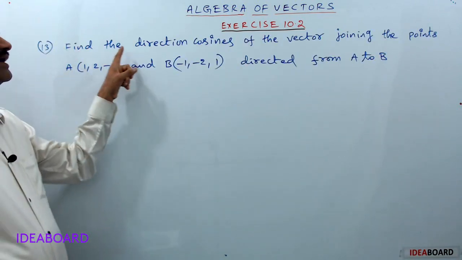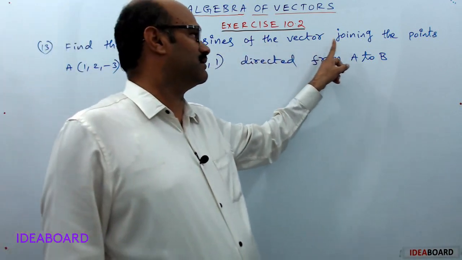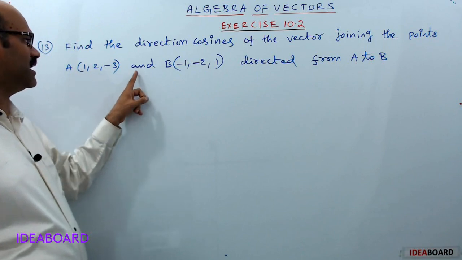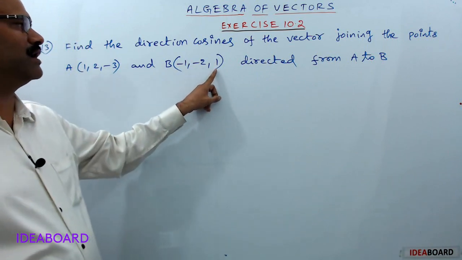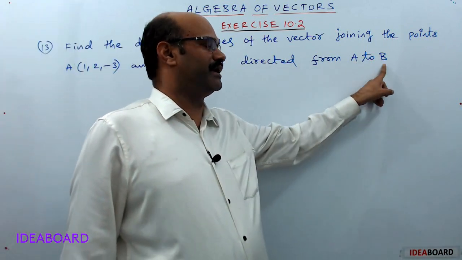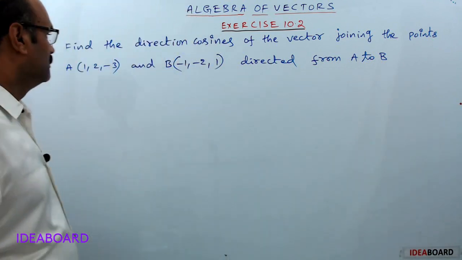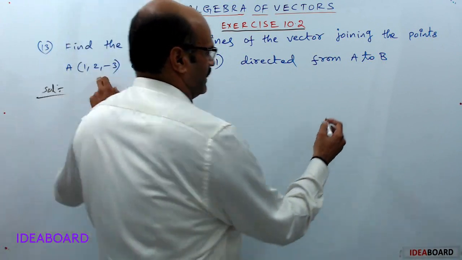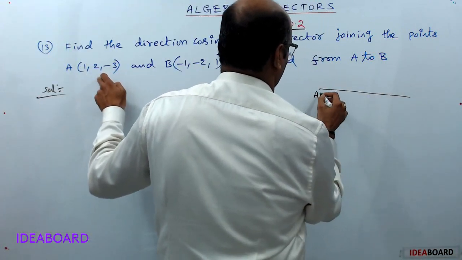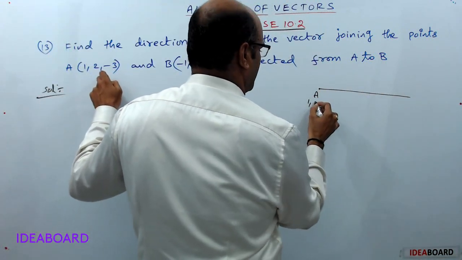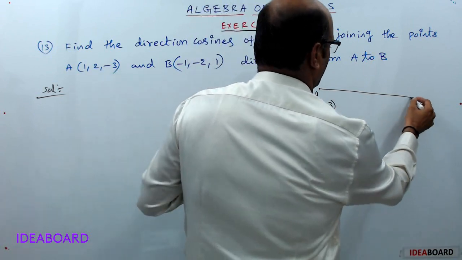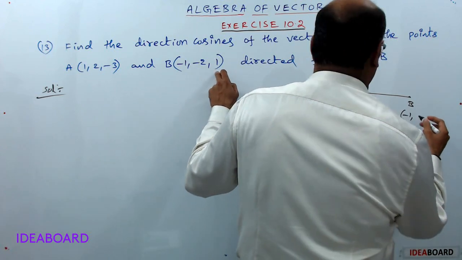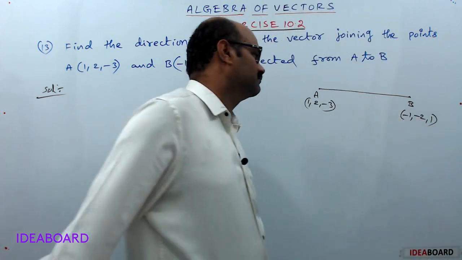13th problem: find the direction cosines of the vector joining the points A(1, 2, minus 3) and B(minus 1, minus 2, 1) directed from A to B. Here the point A is given by 1, 2, minus 3, and the point B is given by minus 1, minus 2, 1.